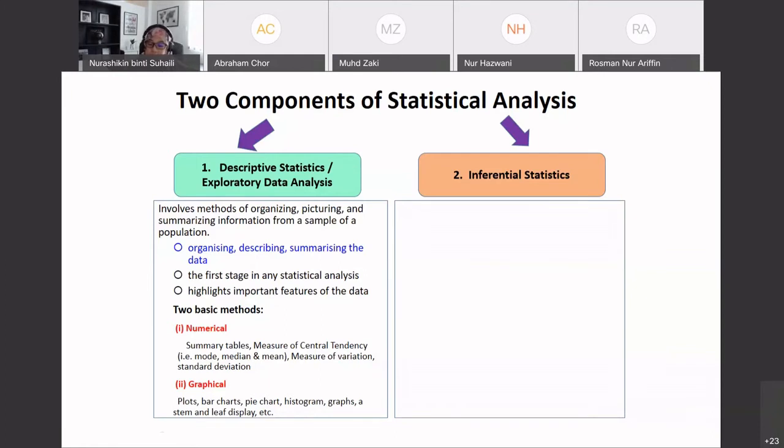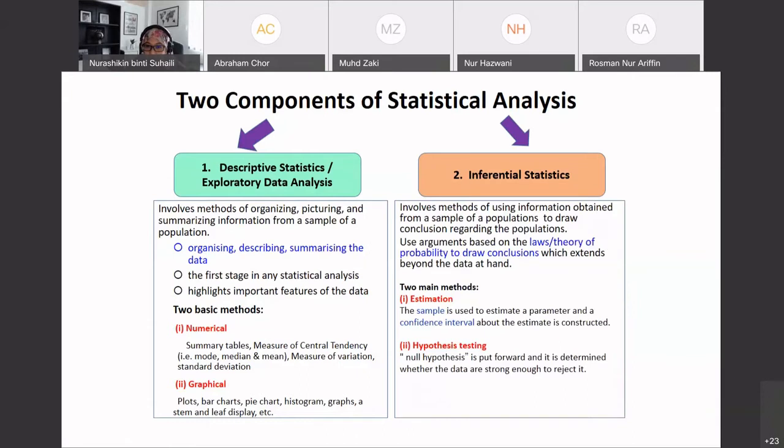Okay. The second type of statistics is inferential statistics. So what is inferential statistics? Inferential statistics is something to do with you make an estimation. Yeah. For example, in weather forecast, let's say we listen to the news, right?